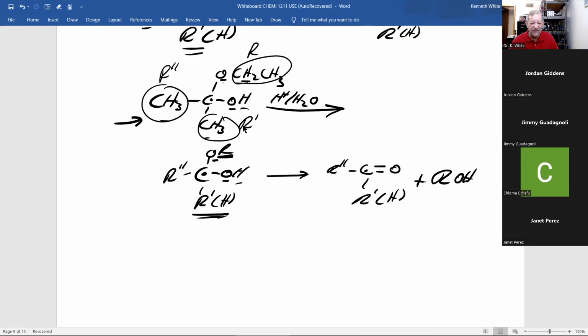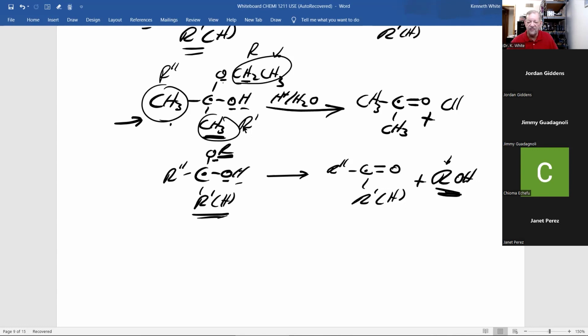So if we look at here, keep your eye on this carbon, that becomes this. What's attached to it? R prime methyl, R double prime methyl. And I get this alcohol. Where's the R group? Right here.